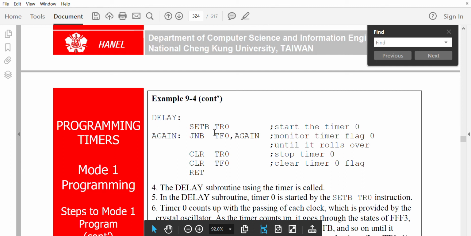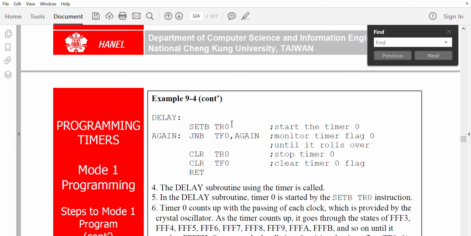In the delay program, how do we create a delay? We said we have to set bit TR0, then analyze TF0, and until TF0 is equal to 1, you have to be in the loop.